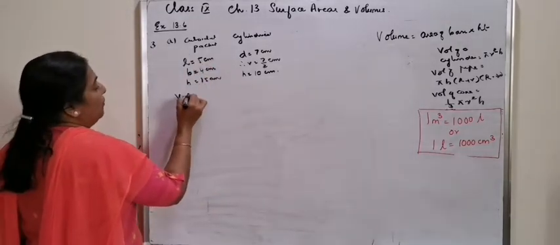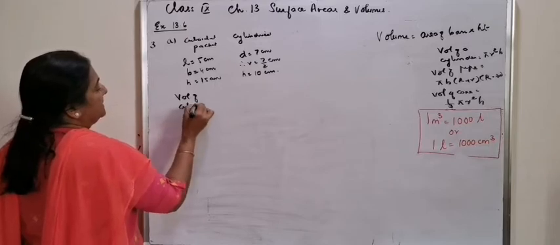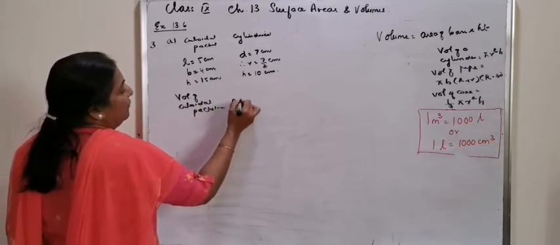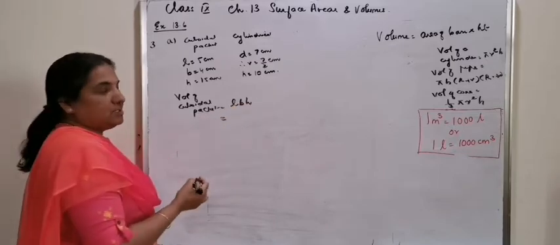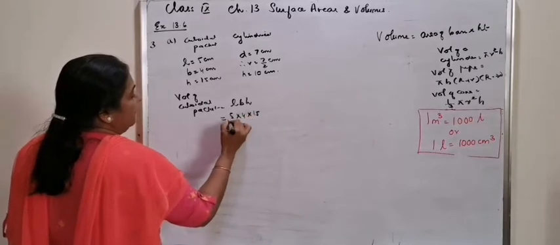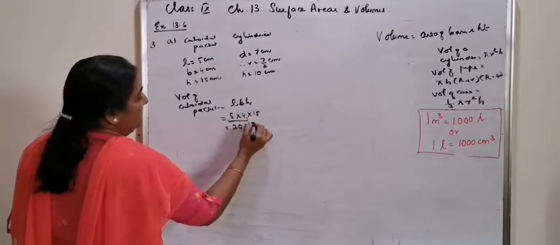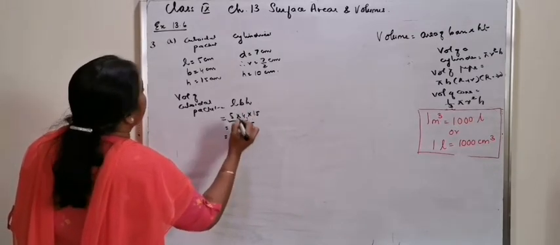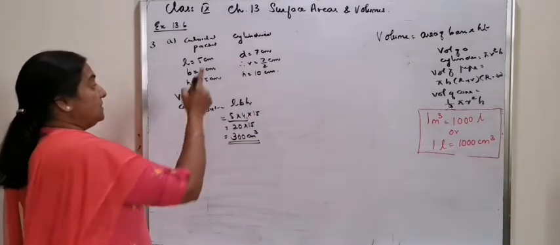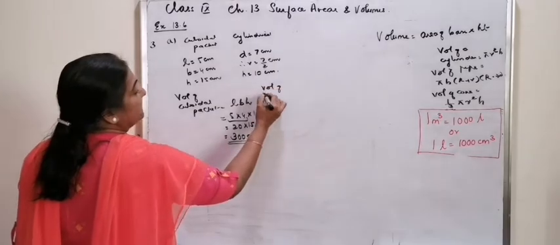So the volume of cuboidal packet, formula is L into B into H, which is equal to 5 into 4 into 15. 5 4s are 20 into 15, or it is 300 centimeter cubed. What is the volume of the cylindrical can?